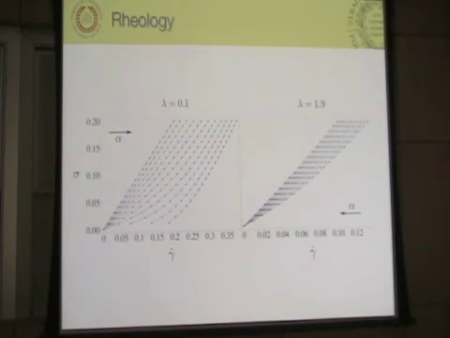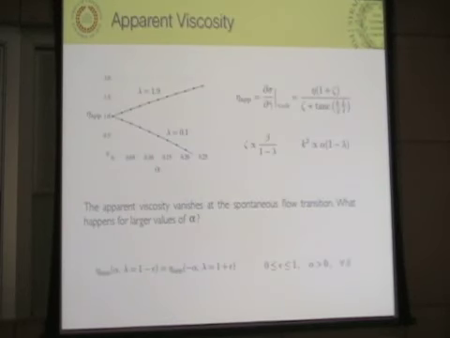So there is an increase in the apparent viscosity. In order to understand this a little better, it's possible to do a perturbation theory in sigma, so in the value of the stress tensor itself. The linear order is actually simple and accurate enough to predict the apparent viscosity, the final viscosity. So eta here is the bare viscosity of the solvent.